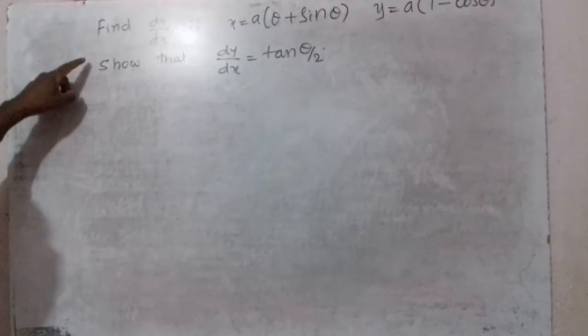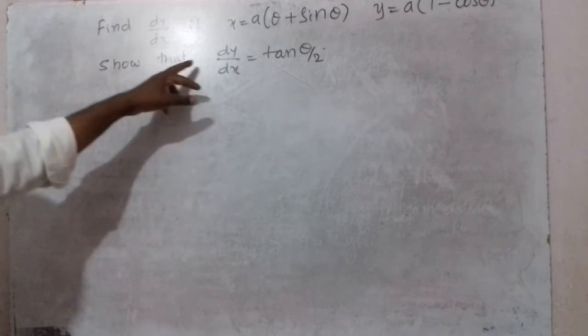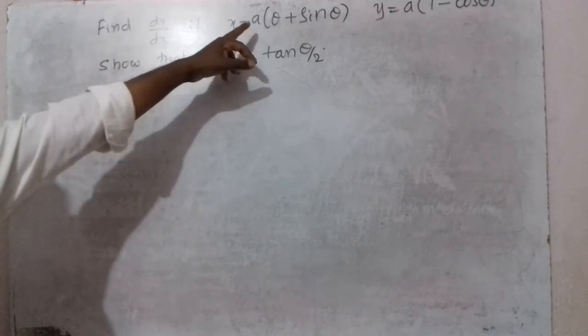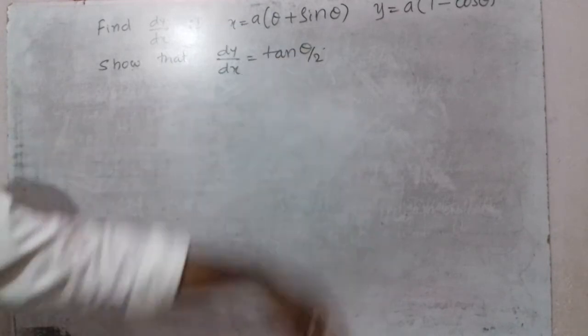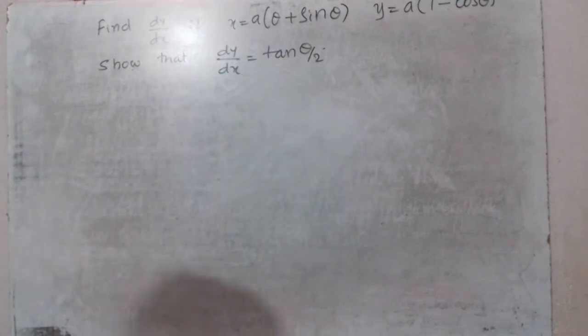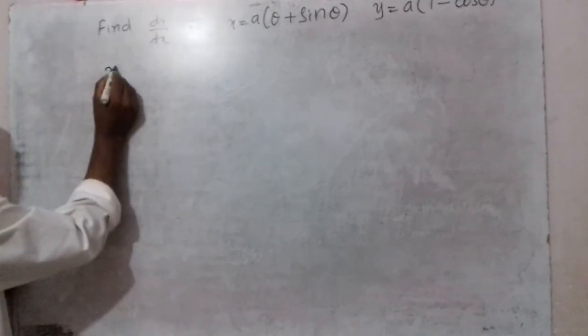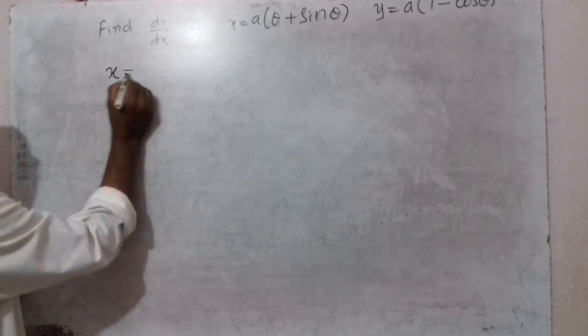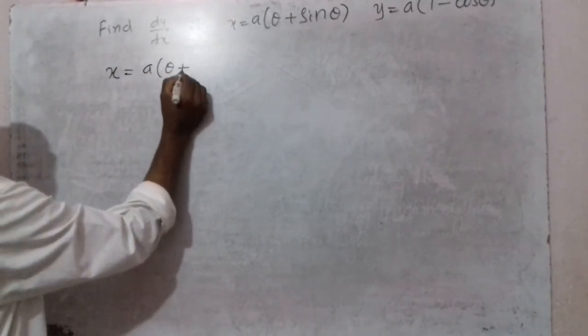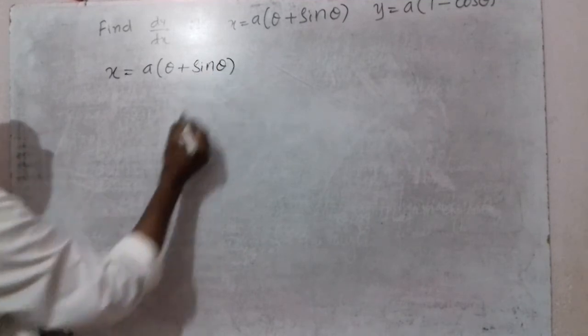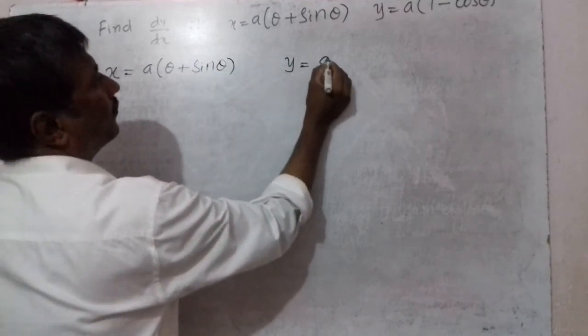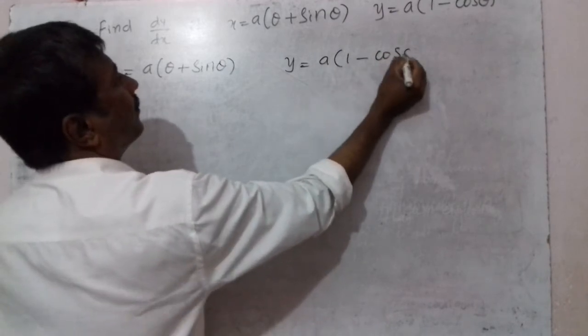Consider the problem: find dy by dx if x equals a into theta plus sin theta, y equals a into bracket 1 minus cos theta, then show that dy by dx equals tan theta by 2. x equals a theta plus sin theta, y equals a into 1 minus cos theta.